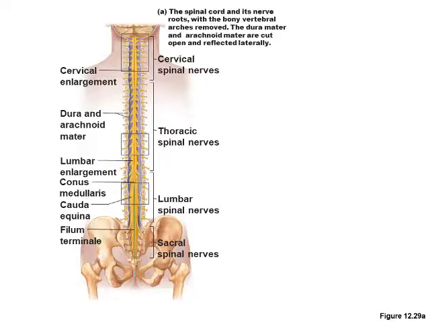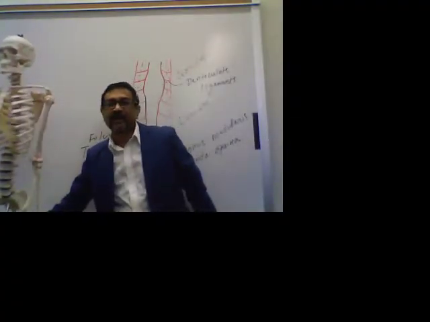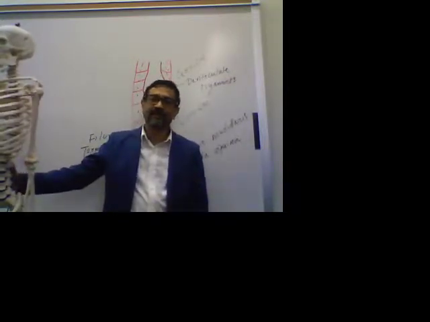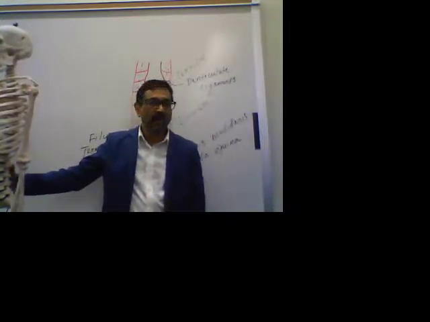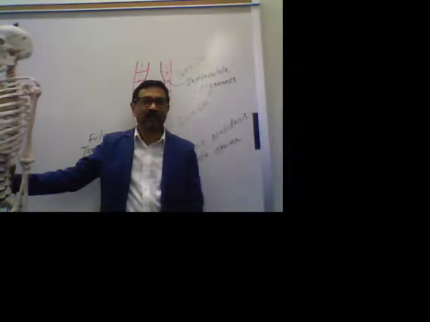Lumbar puncture. Lumbar puncture is a procedure to collect the cerebrospinal fluid, or CSF. You know that your spinal cord ends at which vertebral level? L1 or L2, sometimes L2.